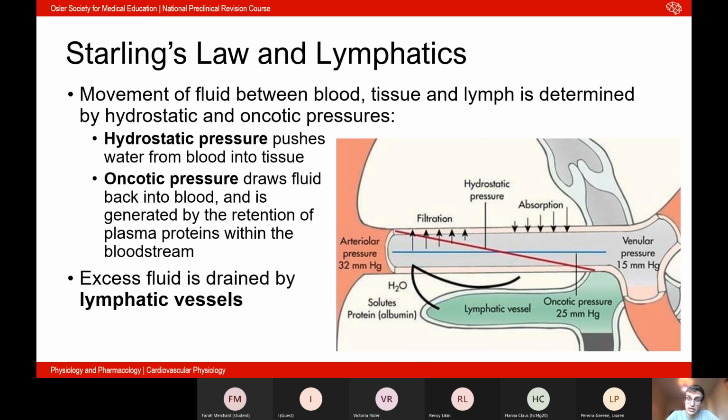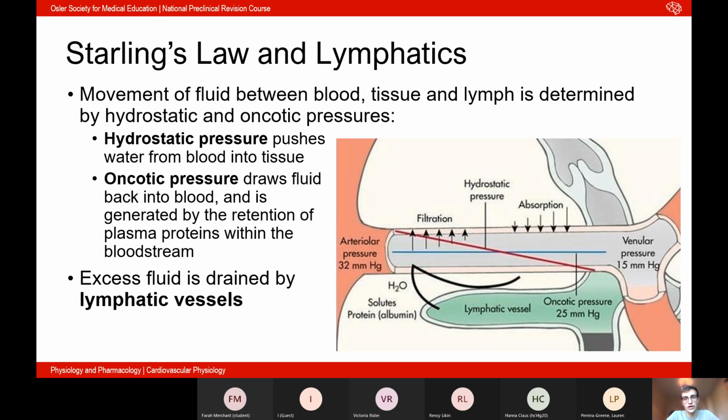So in the early part of the capillaries, where hydrostatic pressure is higher because it's the arterial end, we get predominantly the forcing of water out of the vessels, and you get filtration and generation of tissue fluid. And then at the venous end, where hydrostatic pressure is reduced, we get primarily absorption of fluid.